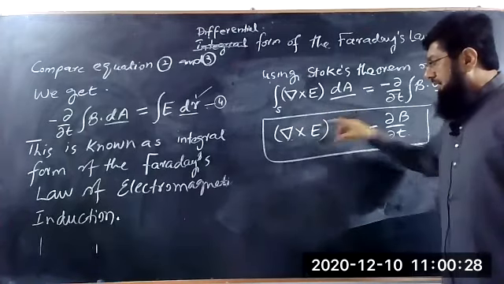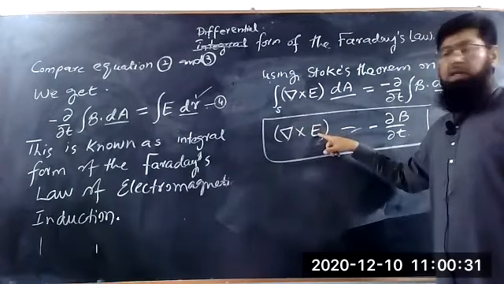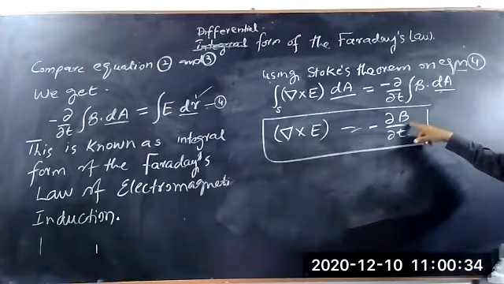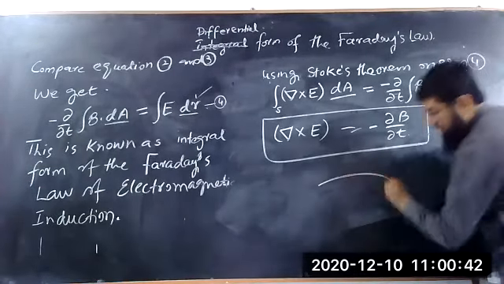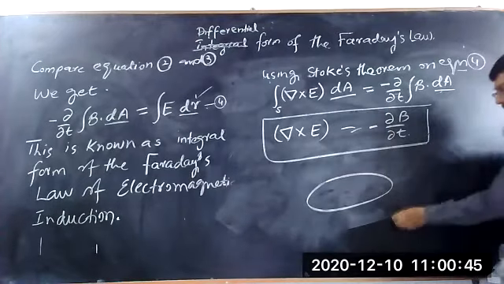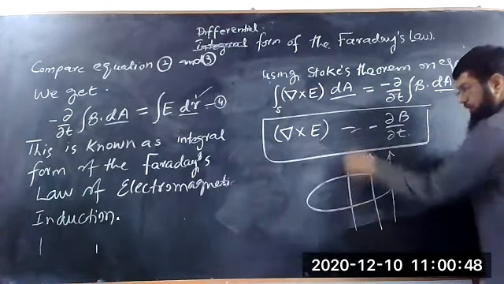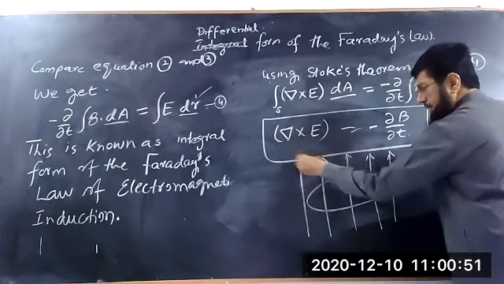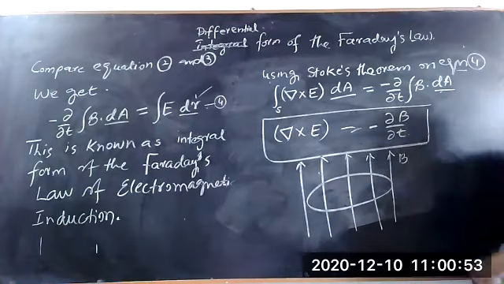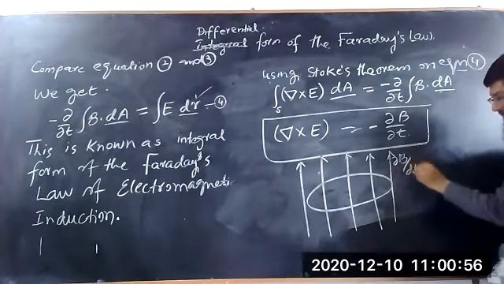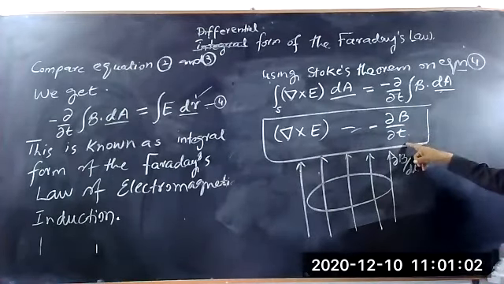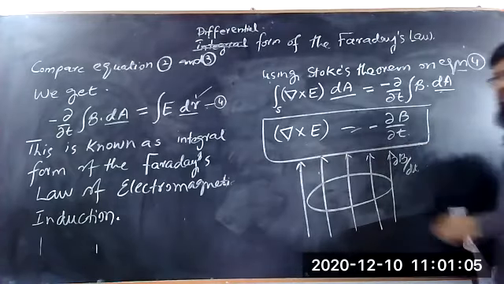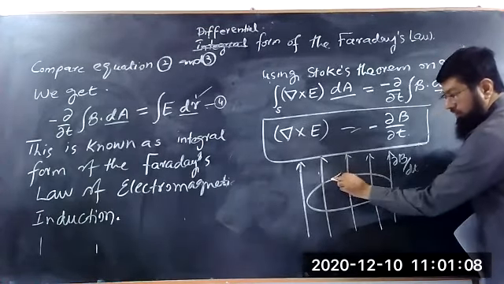What does it tell us? It tells us that the rotation of the electric field is due to the rate of change of magnetic field. If we have a coil or a wire like this, and the magnetic flux B through this wire is changing with time, as a result it will create a rotation of the electric field.